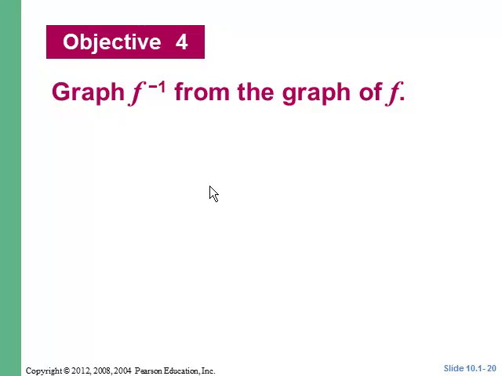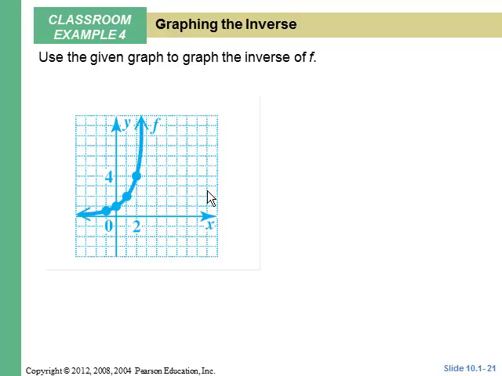Now, how do you graph the inverse of a one-to-one? Well, what's interesting is if you draw a line through here and reflect the points across that line, you will have the graph of the inverse. So notice this point is about down here. This point is about over here.